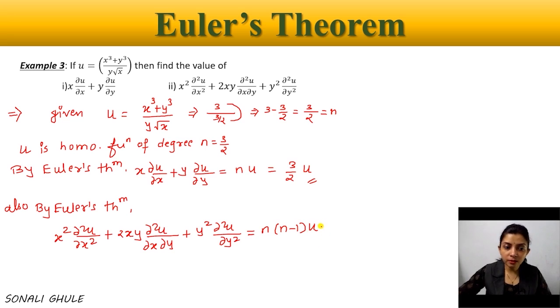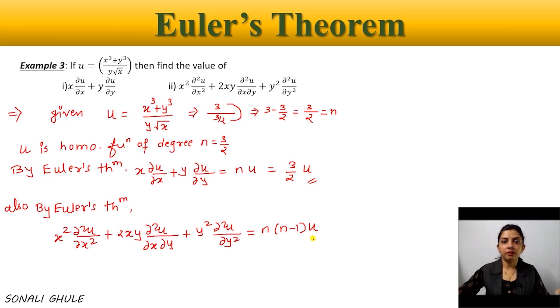So here, for the second order relation, there are two values we have. One is n into n minus 1 into u, and another is g of u in bracket g dash of u minus 1. So when your u is homogeneous, you have to write the value for the second order relation as n into n minus 1 into u.